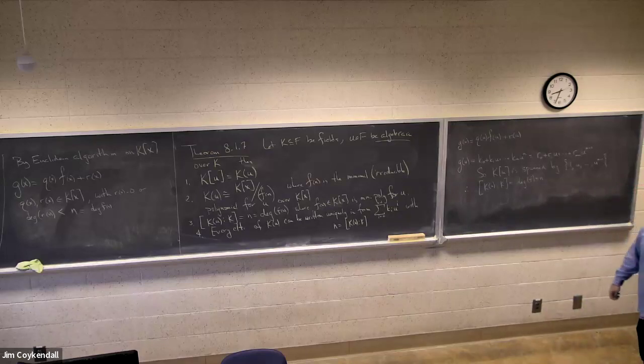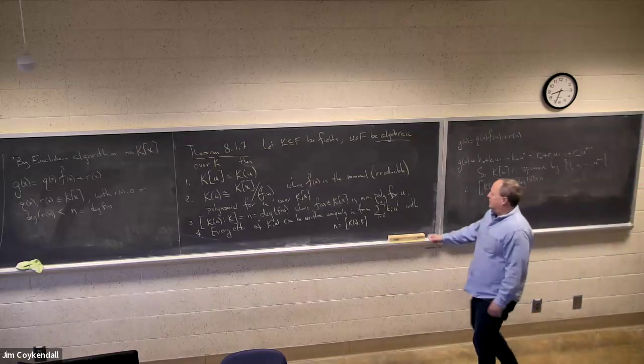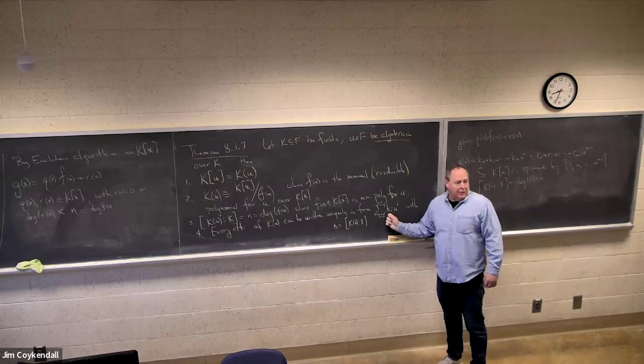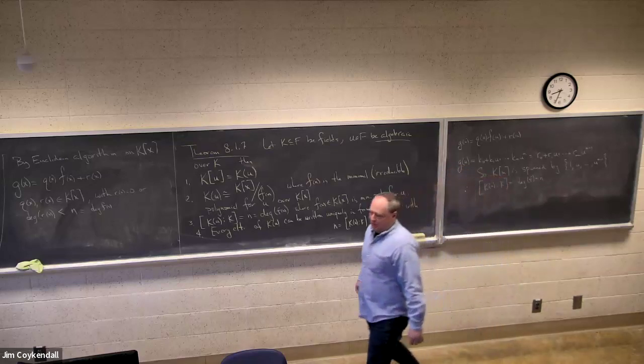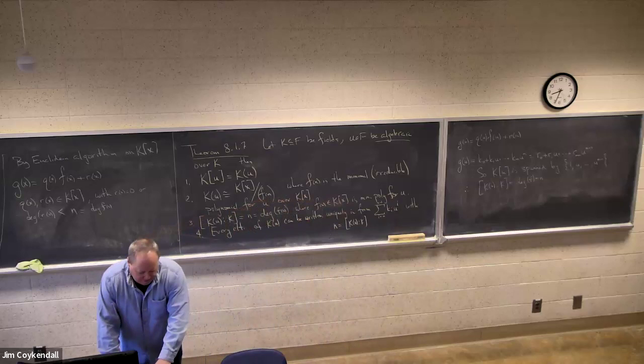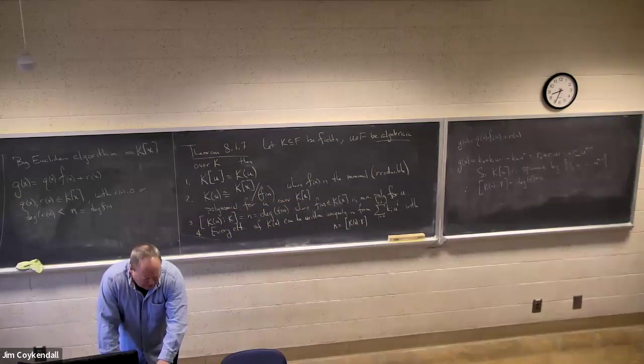And statement 4 follows immediately, right? Because we've already proved that the powers of U from 0 to n minus 1 form a basis. And so it's well known that you get a unique representation. Okay, any questions on that?